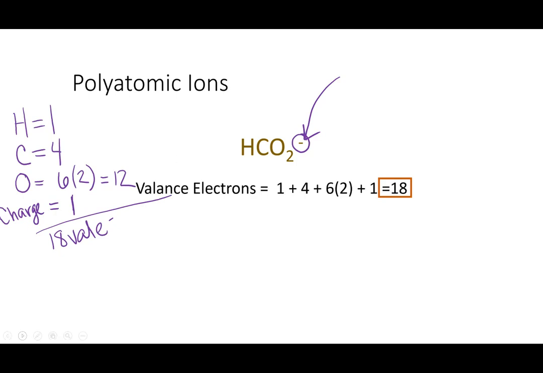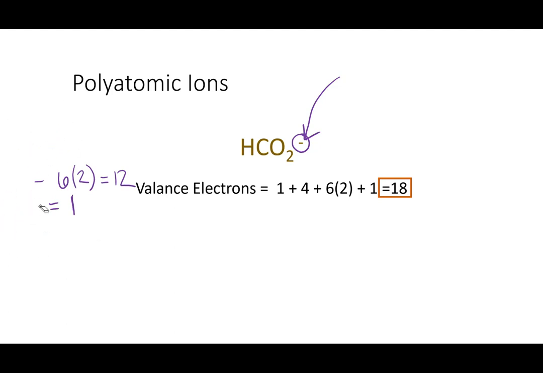So same thing here. I've got 18 valence electrons. So let's finish our Lewis structure here. So first step is calculating the total number of valence electrons. Second step is writing the correct skeletal structure.